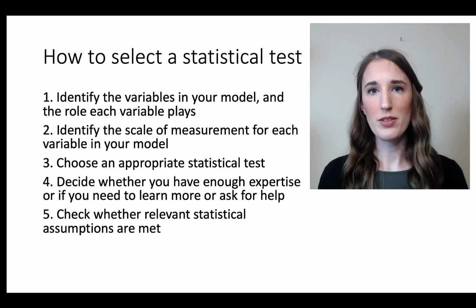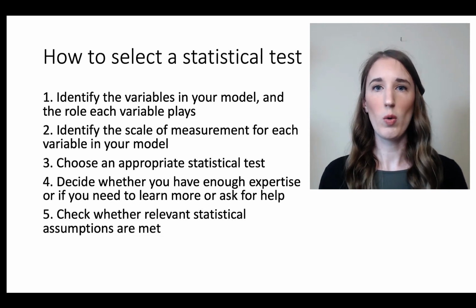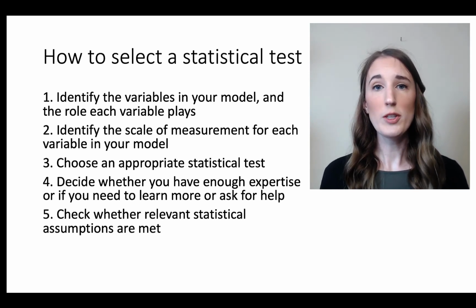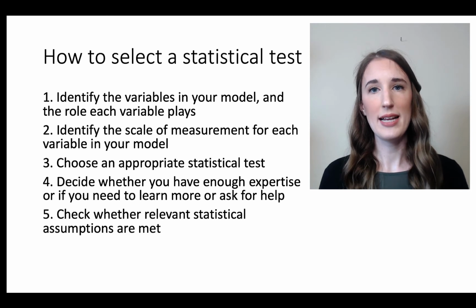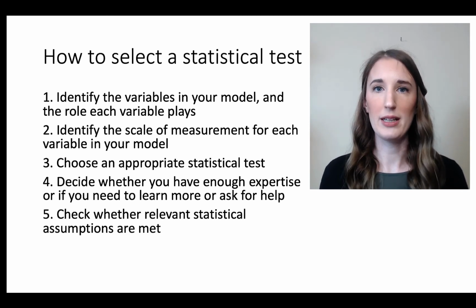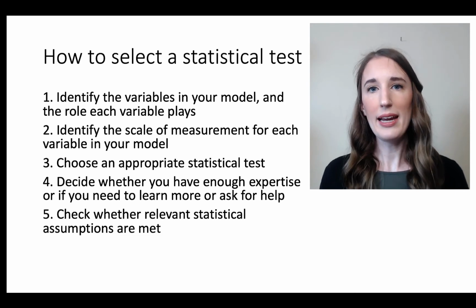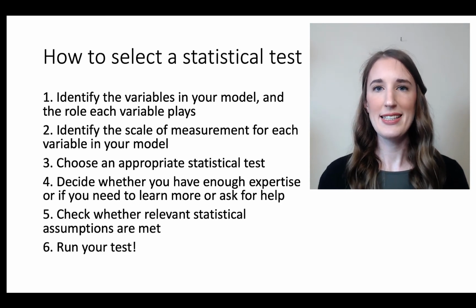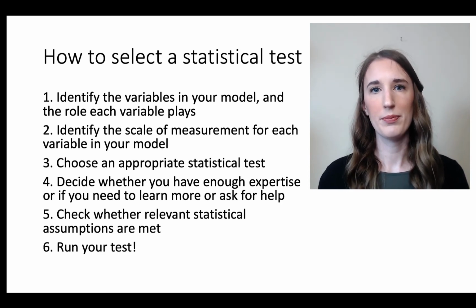In other words, do our data fit all of the requirements necessary for the statistical test that we've chosen? And finally, once we've chosen an appropriate statistical test, we've either decided to run the analyses ourselves or found a collaborator to run them, and we've confirmed that our data meet all of the necessary statistical assumptions for the test we've chosen. It's time to run our model.